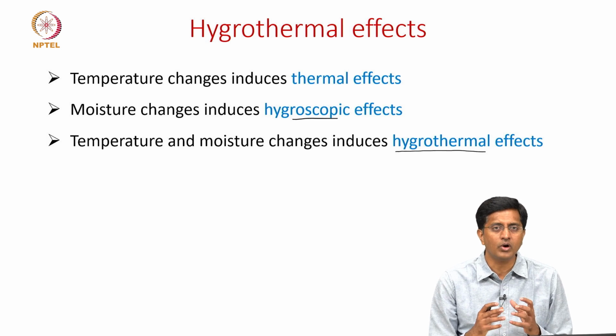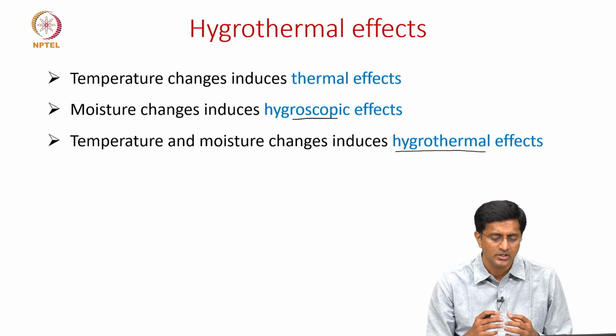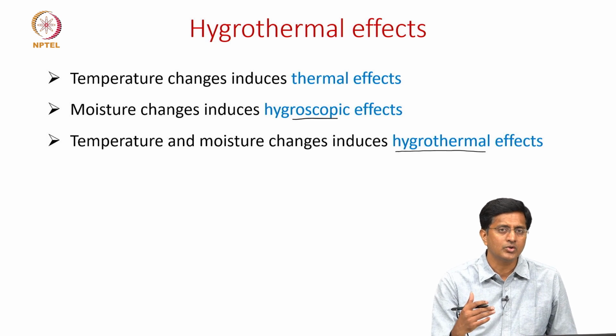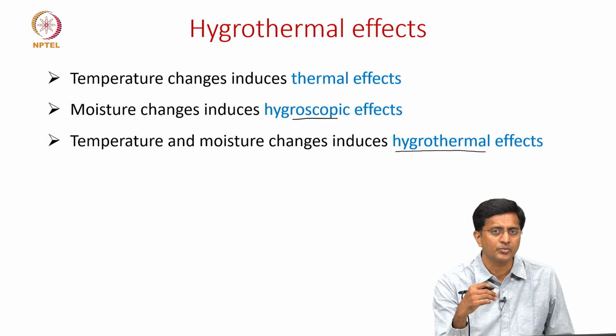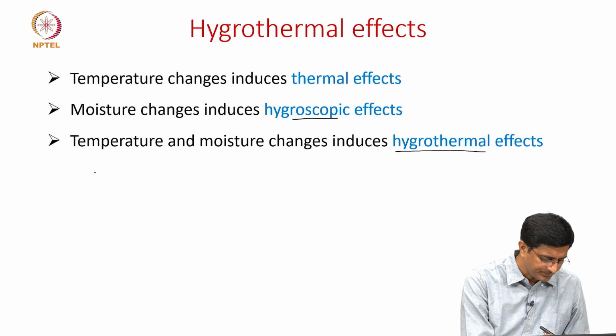So that's exactly what we'll be discussing in this video, to see how these hygrothermal effects affect the stress-strain relations. Before we start discussing orthotropic material, let's look at how temperature affects, let's say, isotropic materials like aluminum and steel.